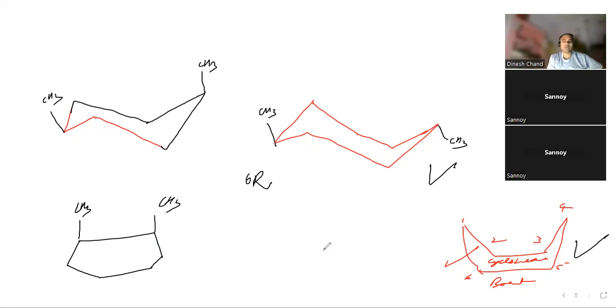This is what I am making the diagram for, to make you understand. We can mention it not with this color.